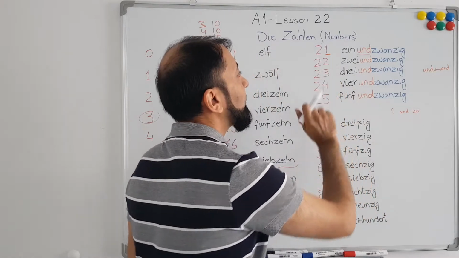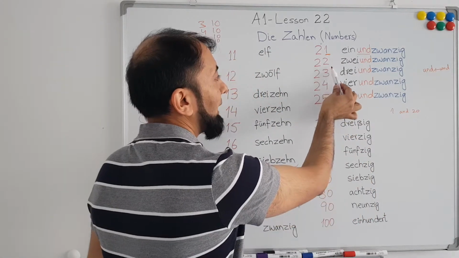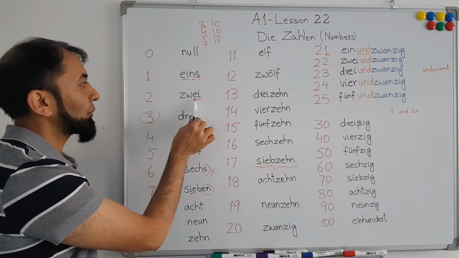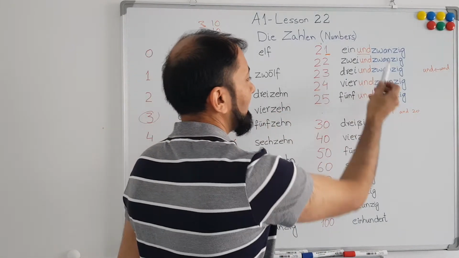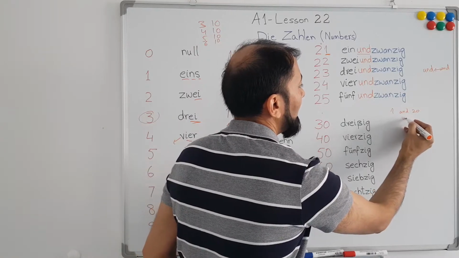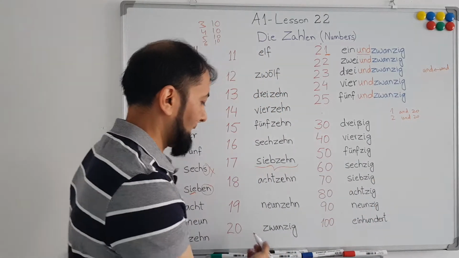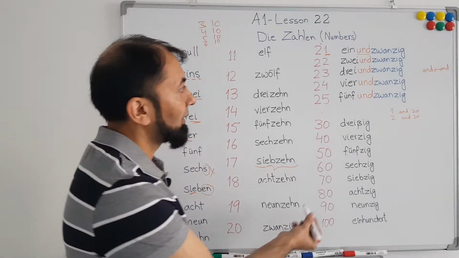Next, 22. Again, we will start from the right hand side. It's 2, and then we have to add an und, zwei und zwanzig. 20 is called zwanzig.